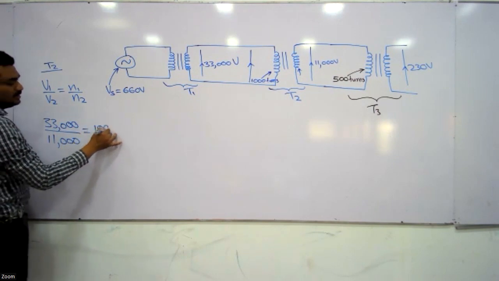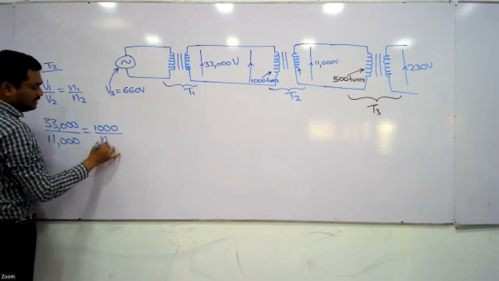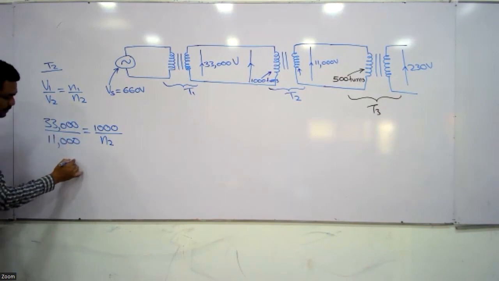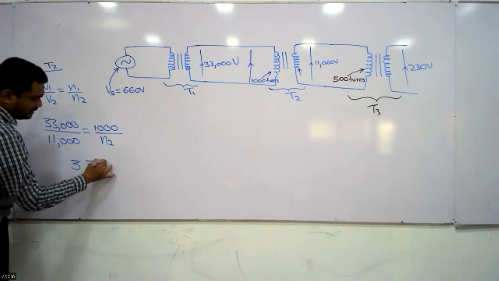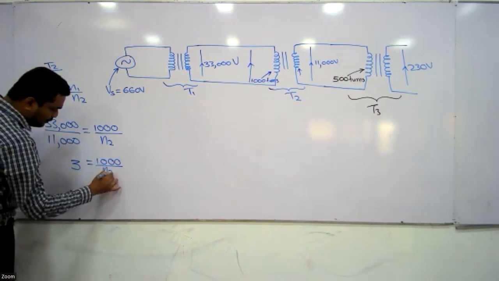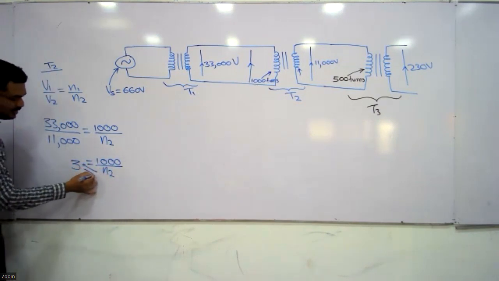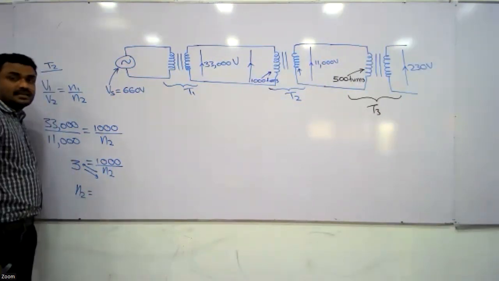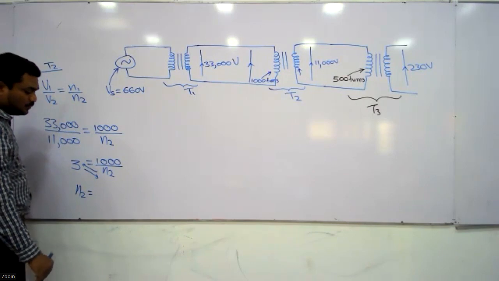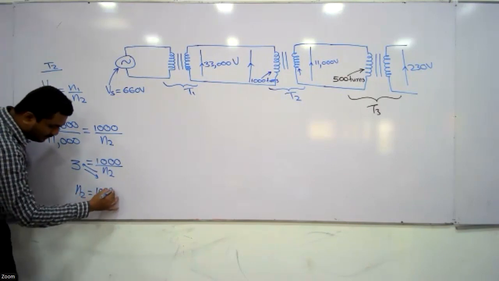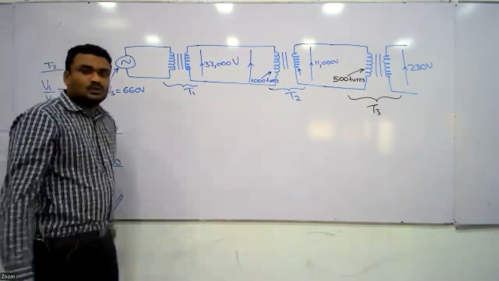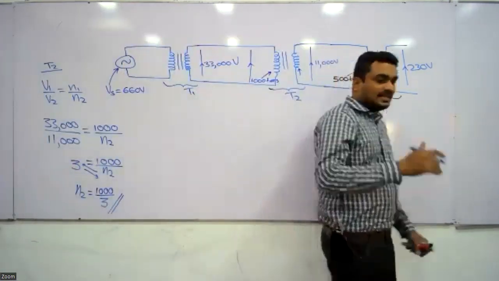N1 is given as 1,000. We want to find N2 of the T2 transformer. 33,000 divided by 11,000 is 3. Therefore, 1,000 divided by N2 is 3. If I use cross multiplication, the number of turns in the secondary coil of the T2 transformer is 1,000 divided by 3. Who got this answer? That's it.